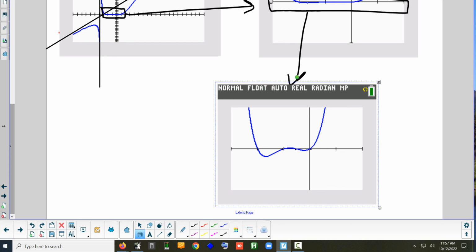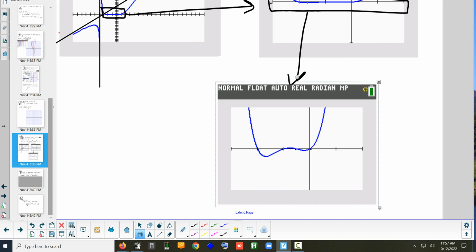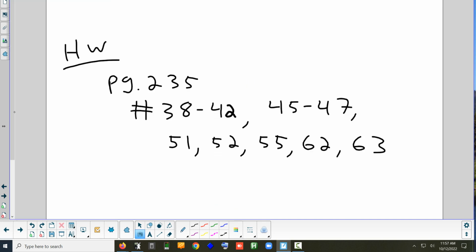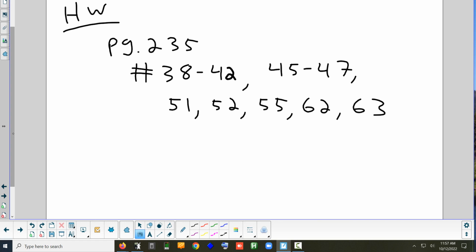All right, any questions on that? Okay. So that's the problems for tonight, page 235. It's the same PDF as the homework from last week.